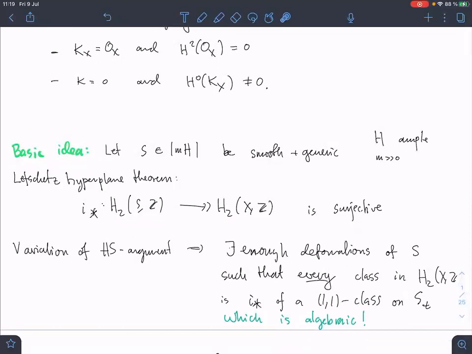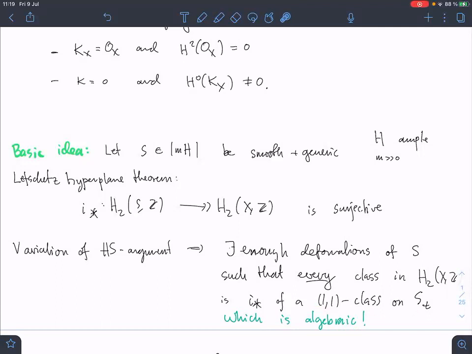So the main idea is that here you have a very, very ample linear system, so there are many surfaces in this family. And there's a variation of Hodge structure argument saying that there are enough deformations of S so that every class in this H2 is the push forward of a 1-1 class on some deformation of this surface S. And of course, this 1-1 class is algebraic.